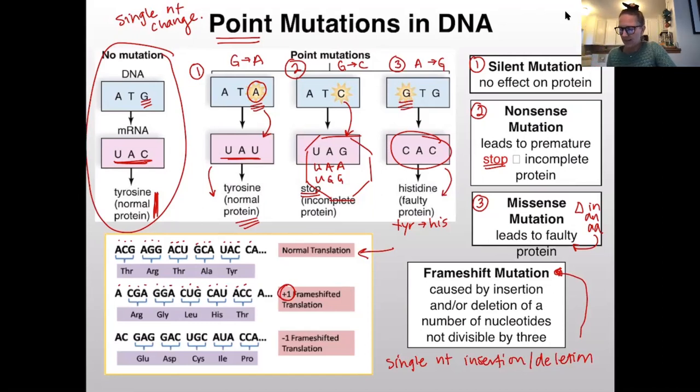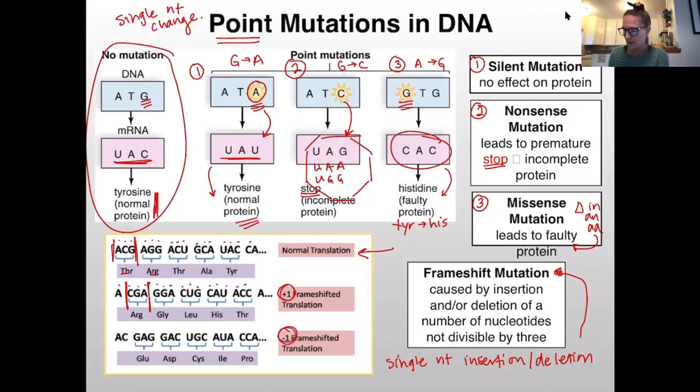So what you can see is adding a single amino acid will cause every amino acid downstream of that to be wrong, right? So instead of starting our codon here with ACG, we've shifted it, and now the codon starts with a completely different one, all right? So every amino acid downstream is bad.